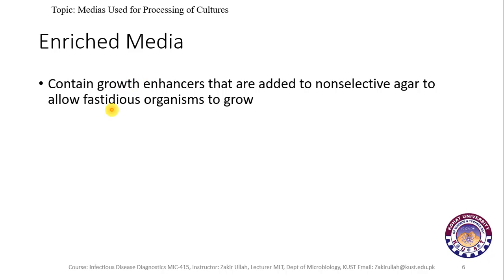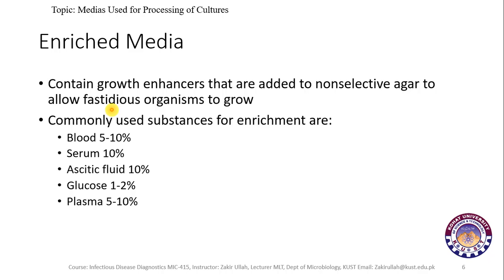Fastidious organisms are those which require specific nutrients and food for their growth and culture, and the commonly used substances for enrichment are blood, serum, ascitic fluid, glucose and plasma.